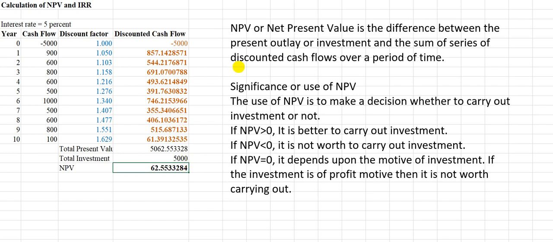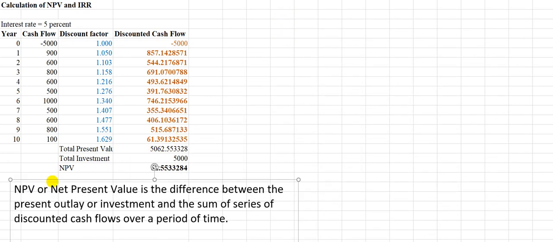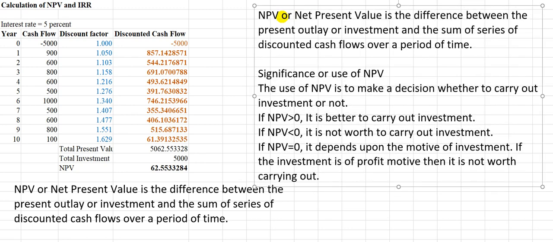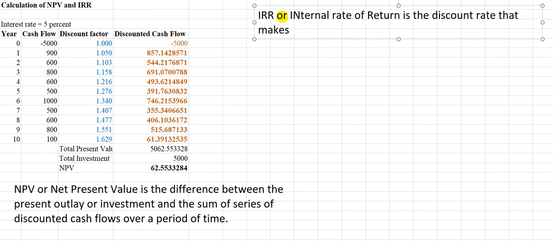So now let's move on to the IRR. What is IRR? IRR, or internal rate of return, is the discount rate that makes NPV equal 0. This is the simple definition of IRR.